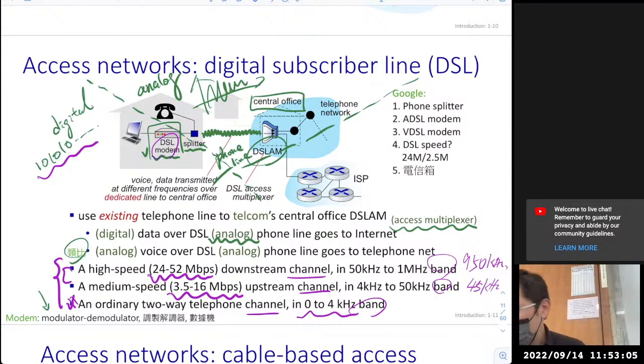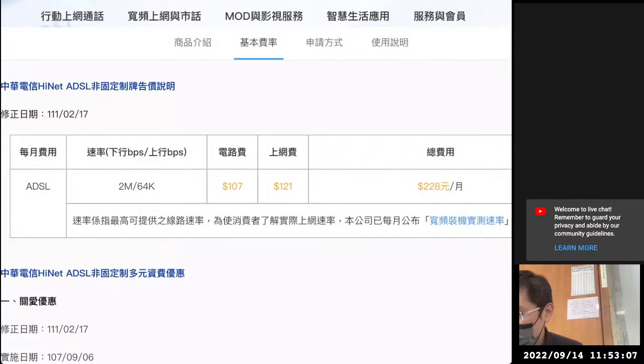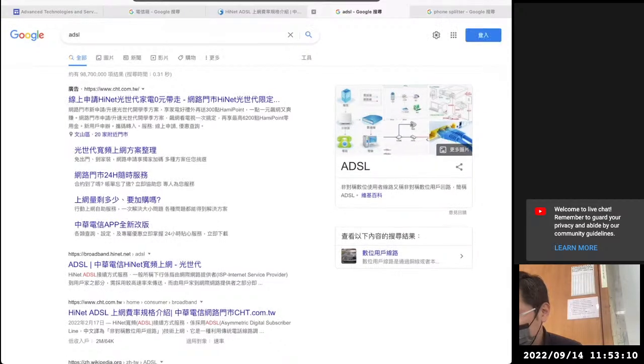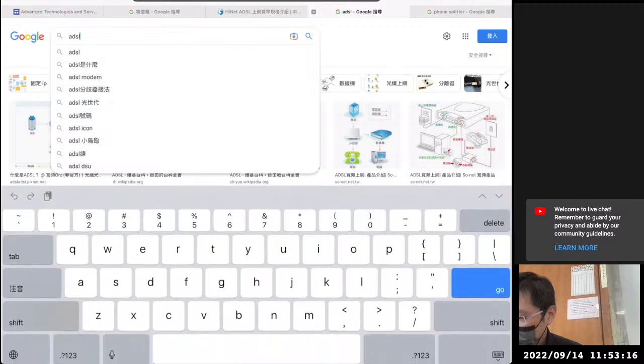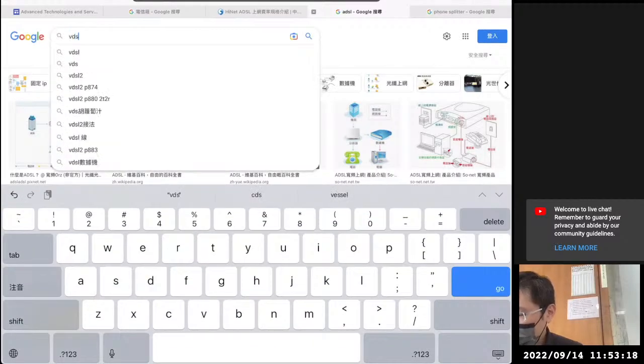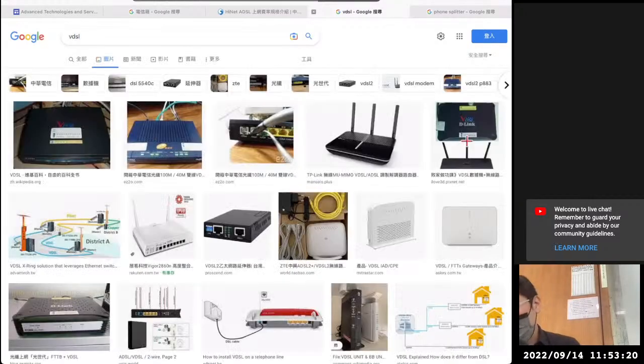The difference between ADSL and VDSL is that the modem is a little bit different.